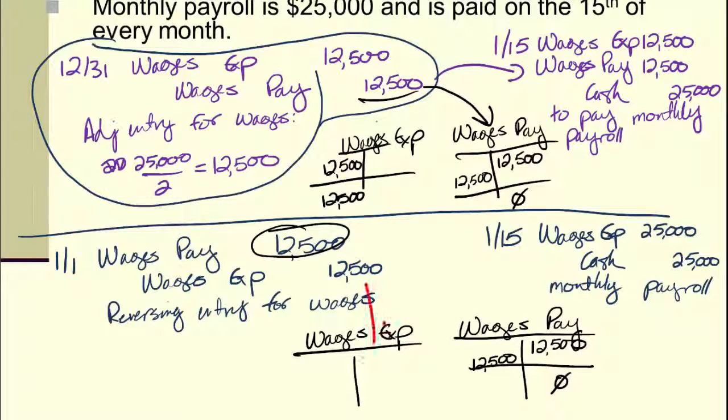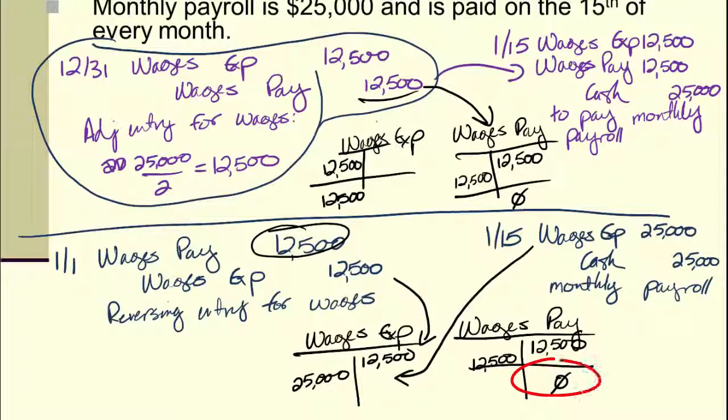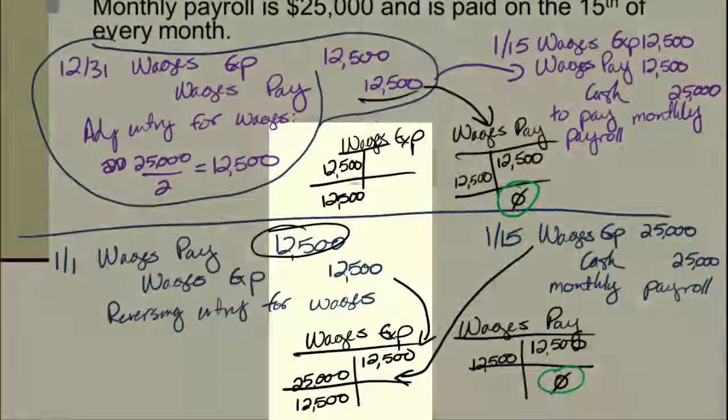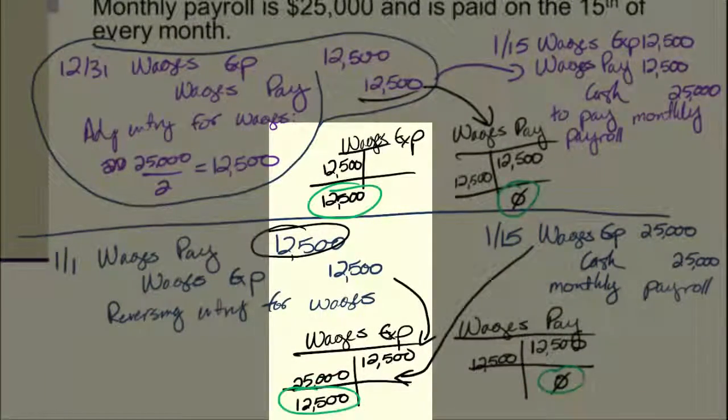Wages expense, I credit 12,500 right here. And then I record a wages expense total of 25,000. Now if I net those out, again, this goes to 0. If I net these out, I end up with 12,500. You'll notice 0, 0, 12,500, 12,500.